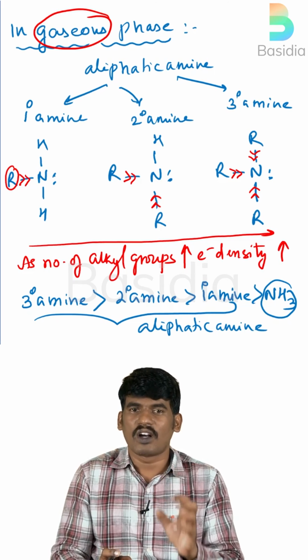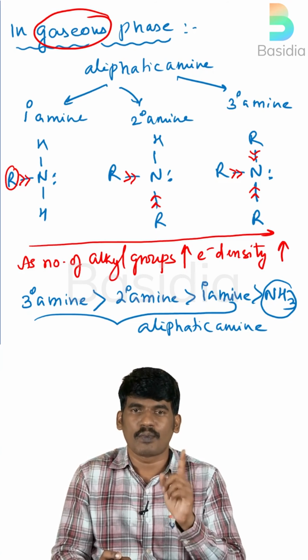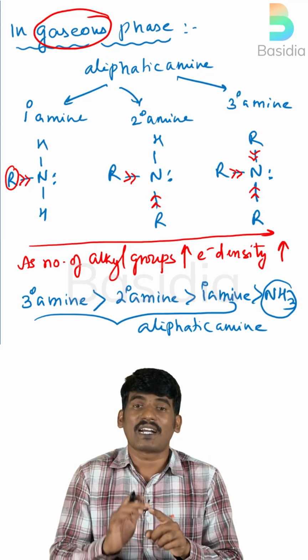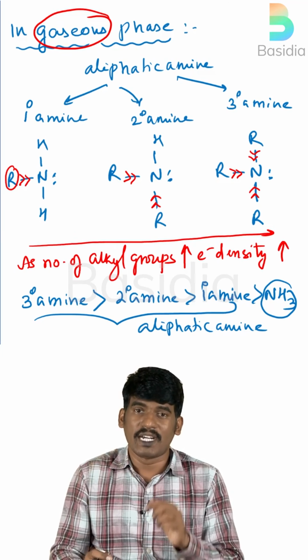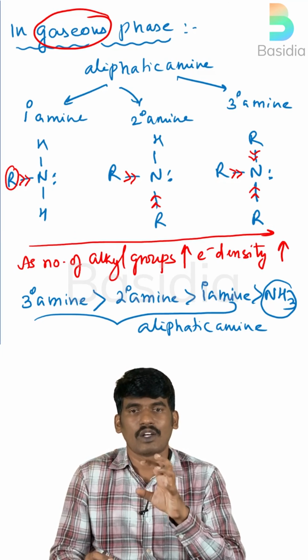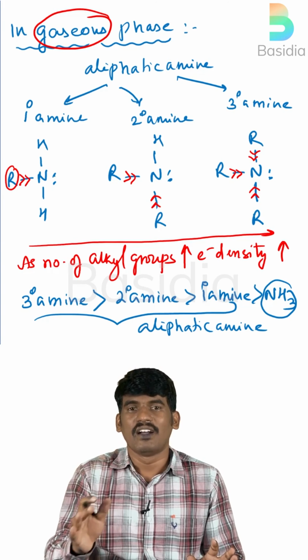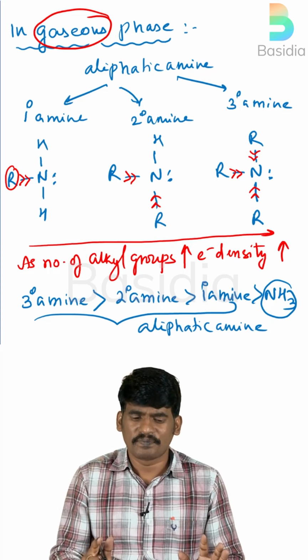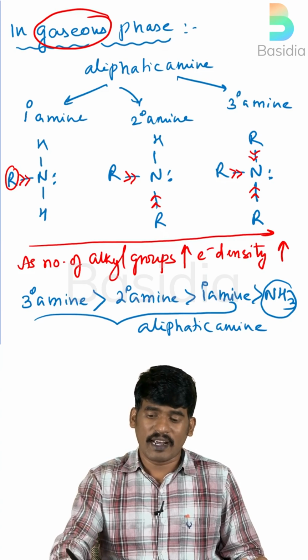Alkanamines are stronger bases due to the presence of alkyl groups which operate a positive inductive effect, acting as electron releasing groups, and the conjugate acid, if formed, gets stabilized by those alkyl groups. Hence, alkanamines are stronger bases than ammonia. Hope you understand. But this order is followed only in the gas phase.